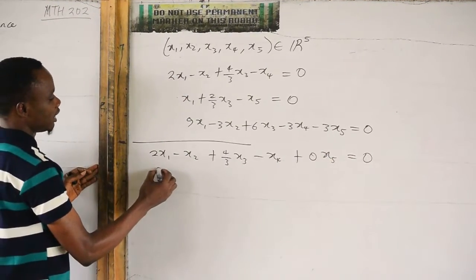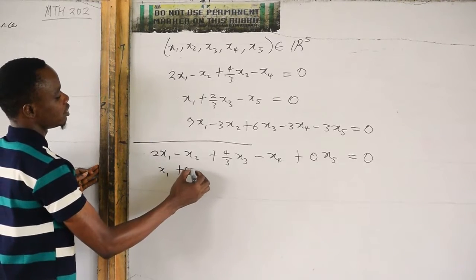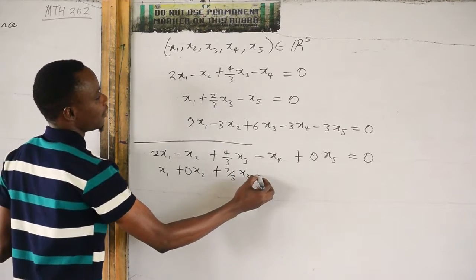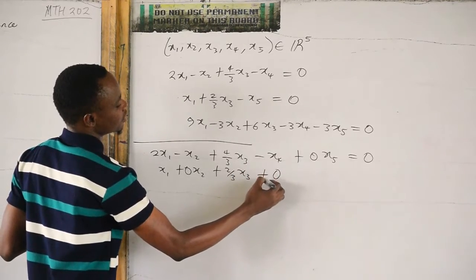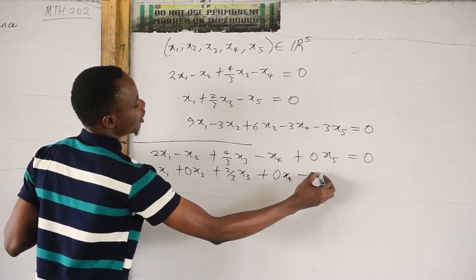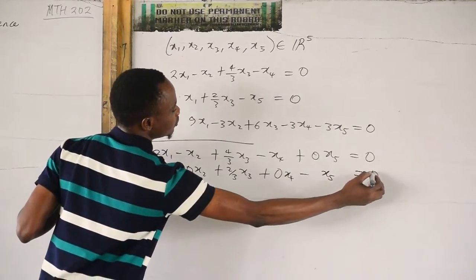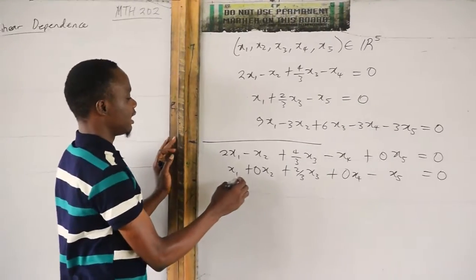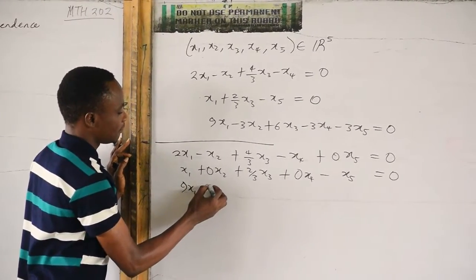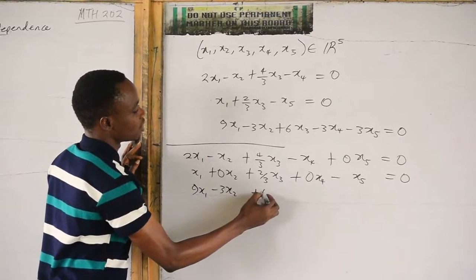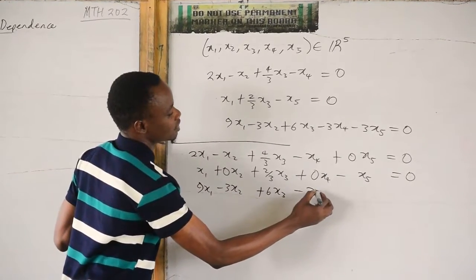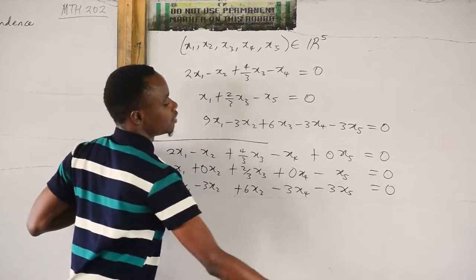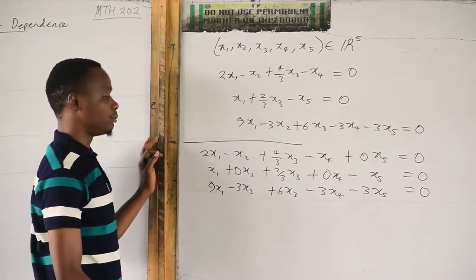And the second one, I'm going to write this as x1 plus 0x2 plus 4 over 3 x3 minus 0x4 minus x5 equals 0. Does it make sense? You understand this? Right, the next one is 9x1 minus 3x2 plus 6x3 minus 3x4 minus 3x5 equals 0. Does that make sense?